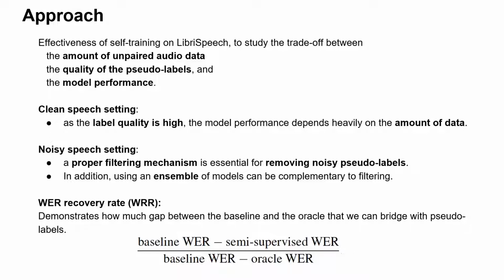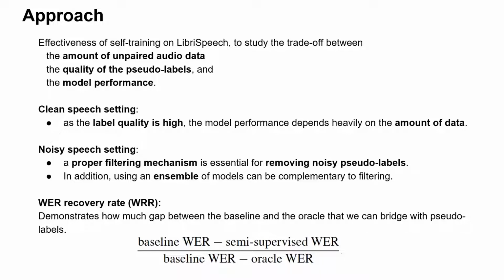So we are looking at two cases. One is the clean speech setting, and the second is the noisy speech setting. In the clean speech setting, we have a clean data set where the label quality is high.